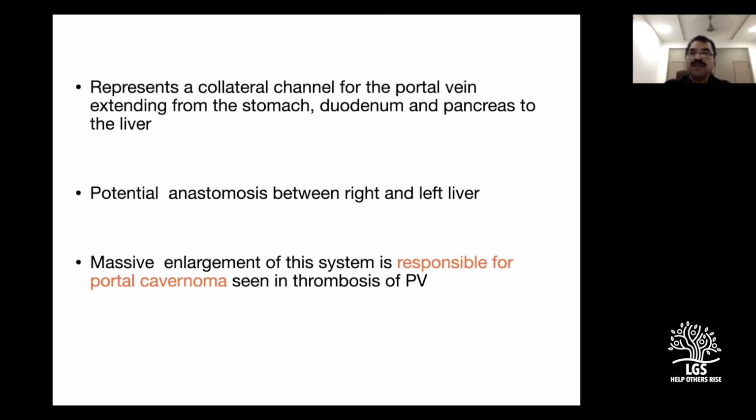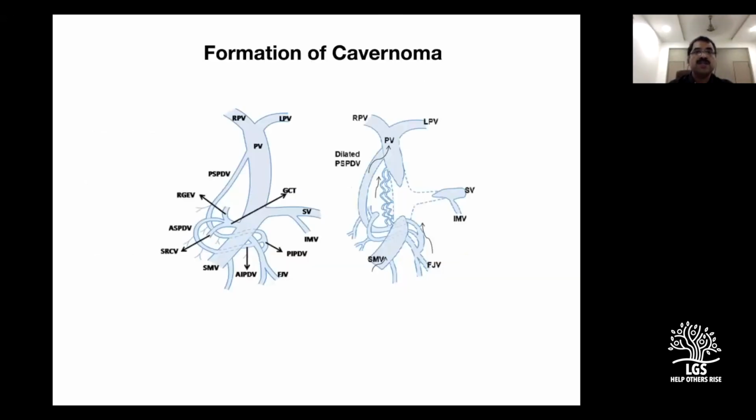Because the portal vein is occluded, the hilar portal vein is also occluded, this will represent the communicating channel between the right and left liver. And massive enlargement of this system is responsible for the portal cavernoma seen in patients with portal vein thrombosis. So this is the formation of cavernoma.